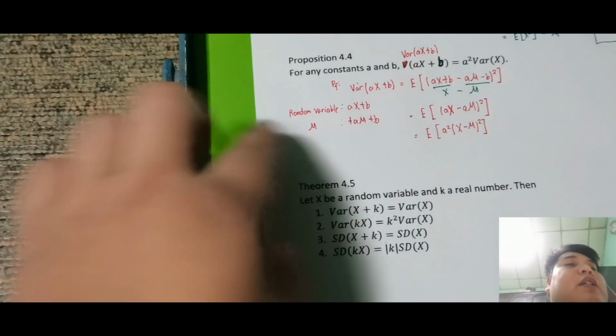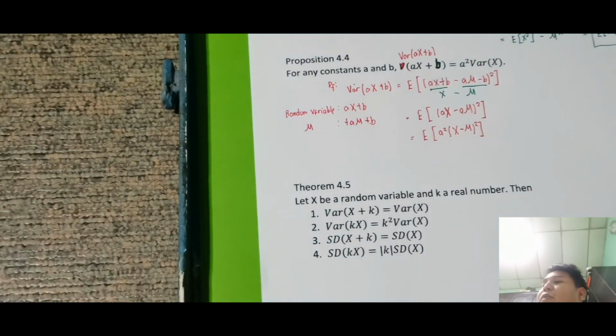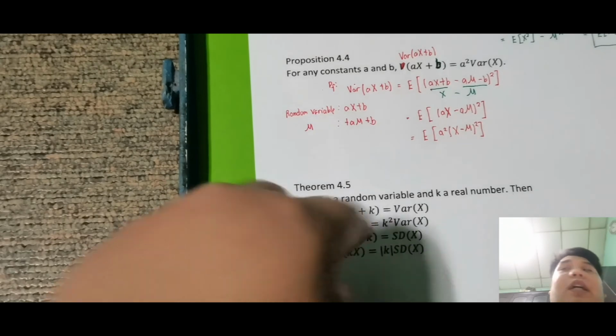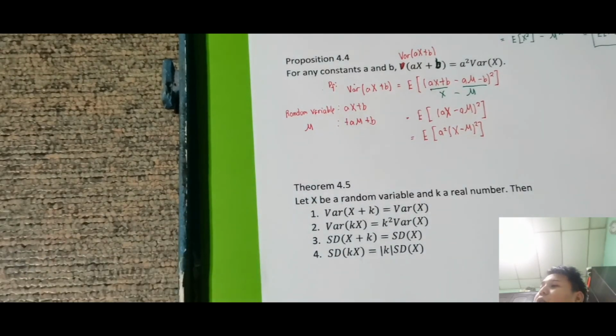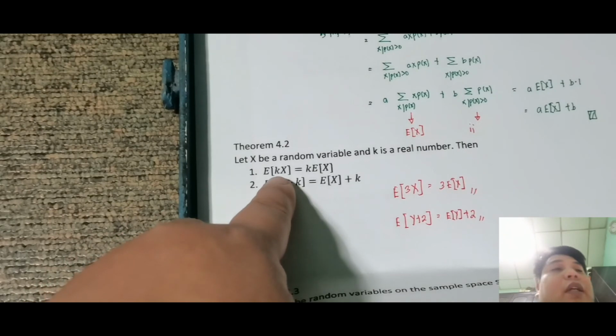Okay? Next is, by definition or by proposition, yung property ng ating expected value na pag may constant sa kanya, or theorem, I guess theorem ito.